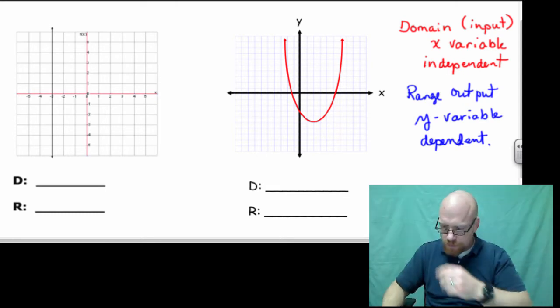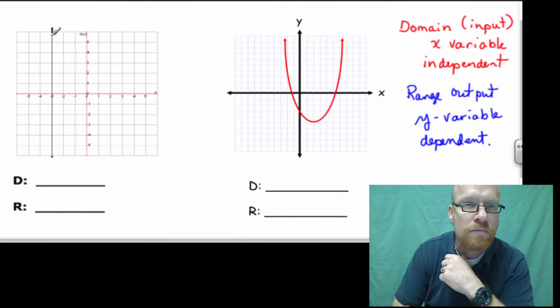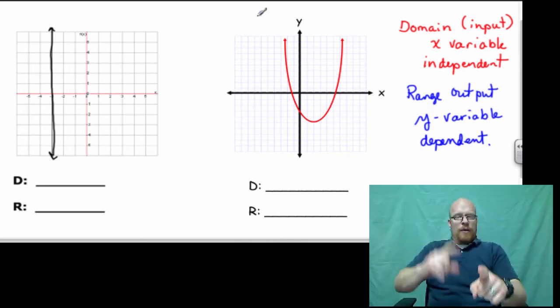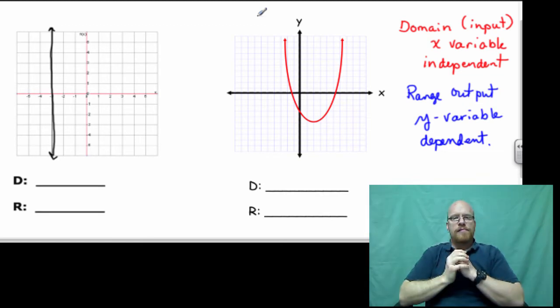Now the first graph with a straight line, it's hard to see, but here it is. If you think about the domain, what is included?